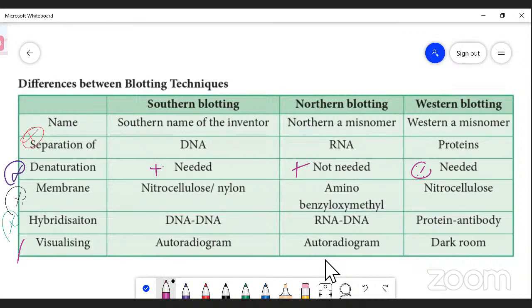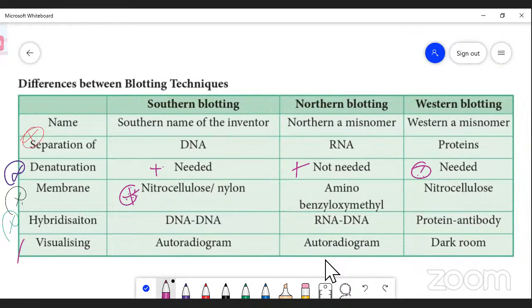Next, the type of membrane which we are using in southern blotting and northern blotting. Here, two different membranes are used. The first one is the nitrocellulose membrane. It is a blotting membrane that is used for copying of DNA fragments in southern blotting, whereas in northern blotting, one of the membranes that is widely used is amino benzyl oxymethyl.